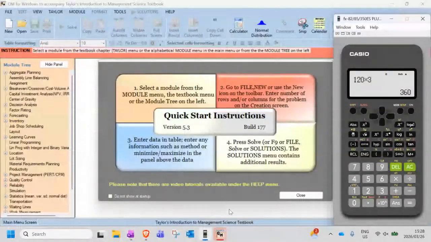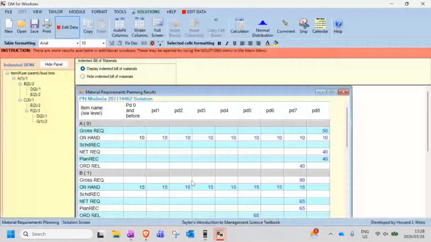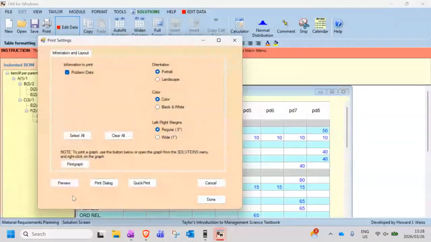There are various approaches that you can adopt here, and one of them is to print this table. Please don't crash. You are going to print here. Quick print, yes, quick print.